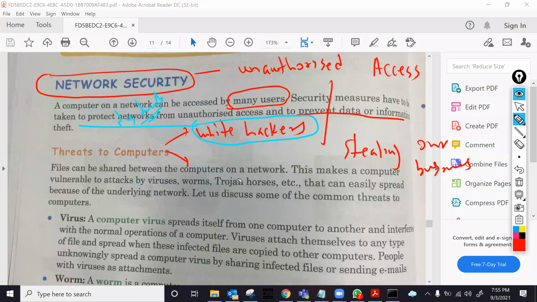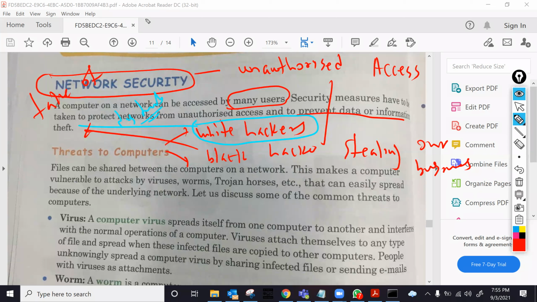Black hackers are dangerous because they directly want to take money out of your bank account. They hack your bank account and move money to another account. That is called black hackers.